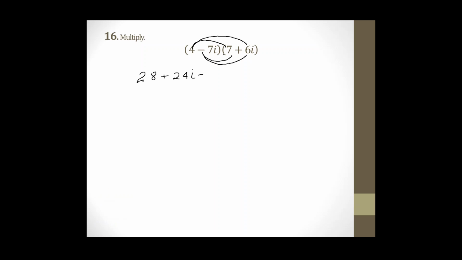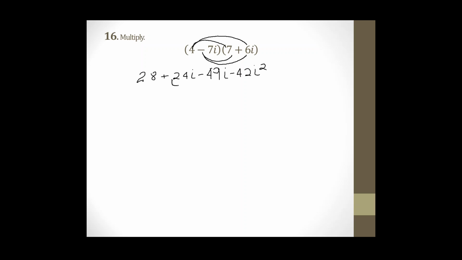Negative 7i times 7, which is negative 49i. Then we have negative 7i times 6i. So negative 7 times 6 is negative 42. i times i is i squared. Okay, let's see what we can do here.